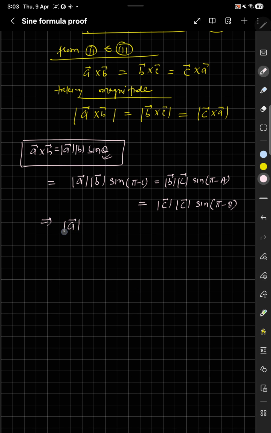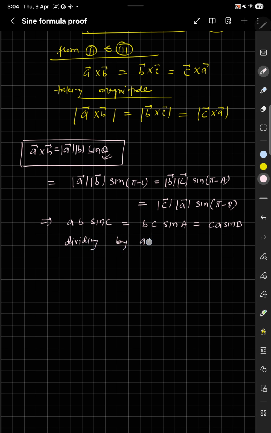So this will be a, and we have given modulus of a is a only, and modulus of b is b only, and this is sine c is equal to b c sine a is equal to c, we have here written wrong, this will be a, right? C a sine b. Now what you have to do is divide the entire equation by a b c.